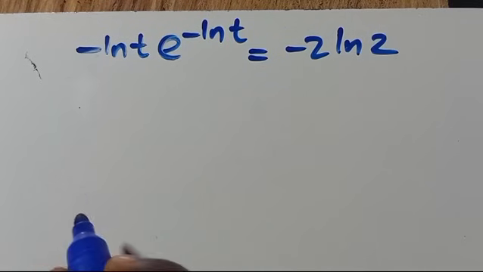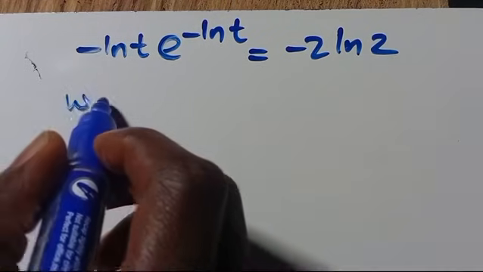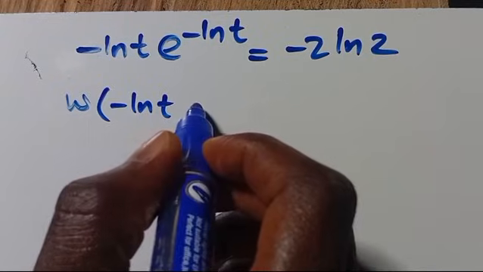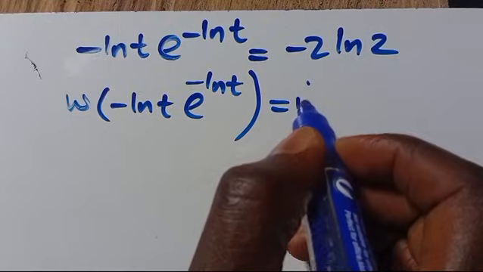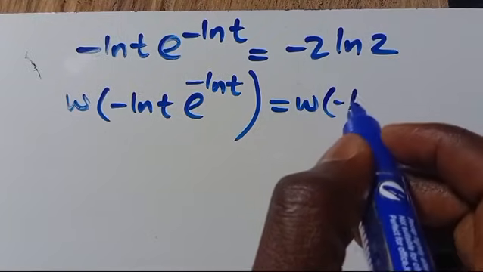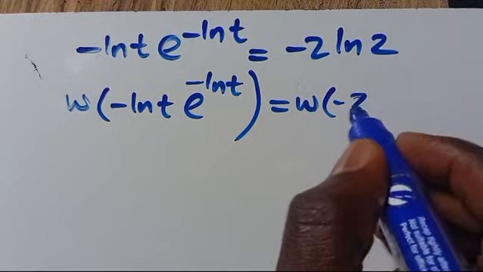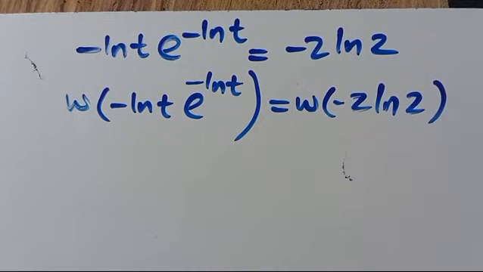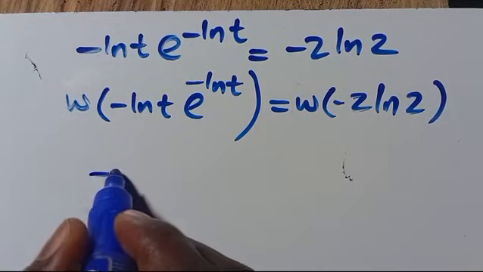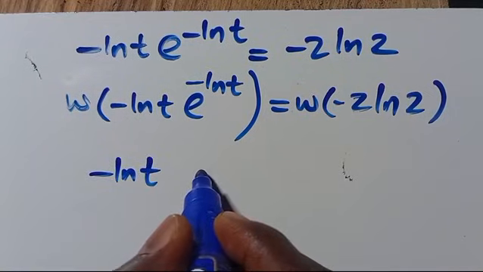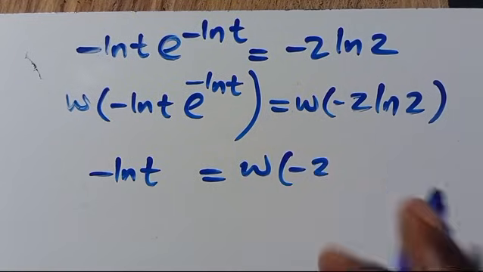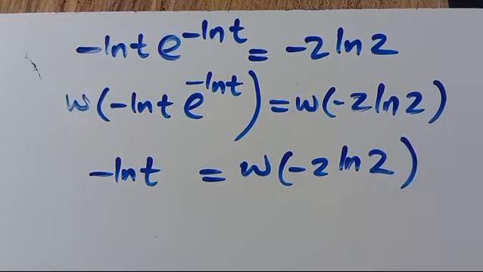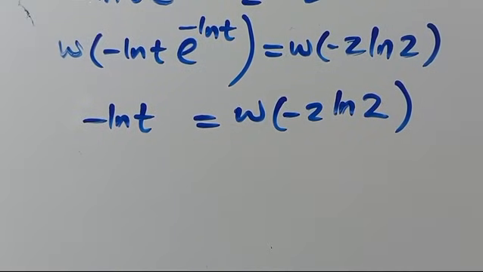So we introduce the W Lambert function of minus ln of t e to the power of minus ln of t equals the W Lambert function of minus 2 multiplied by ln of 2. Then this will be minus ln of t equals the W Lambert function of minus 2 ln of 2.